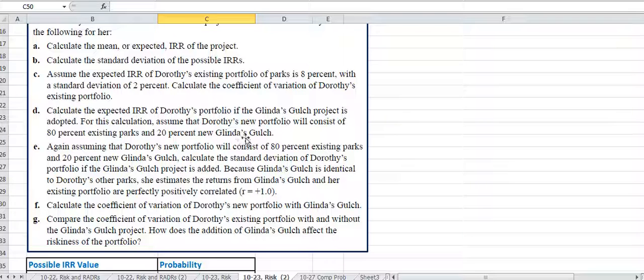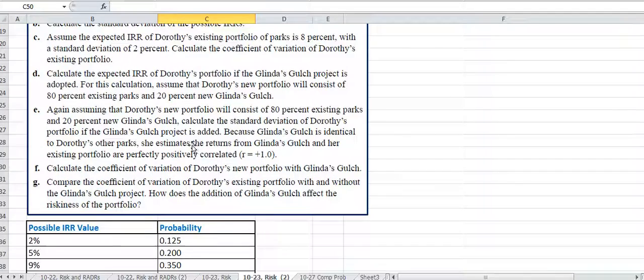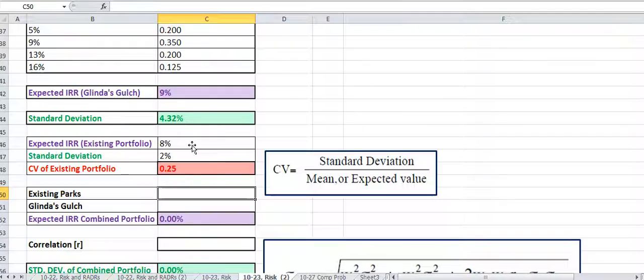For this calculation, assume that Dorothy's new portfolio will consist of 80% of existing parks and 20% of the new Glinda's Gulch park. So right here we want to put those percentages in. So here we want to put 80% and 20% here. Excuse me, and that's going to give us the expected internal rate of return for the combined portfolio.